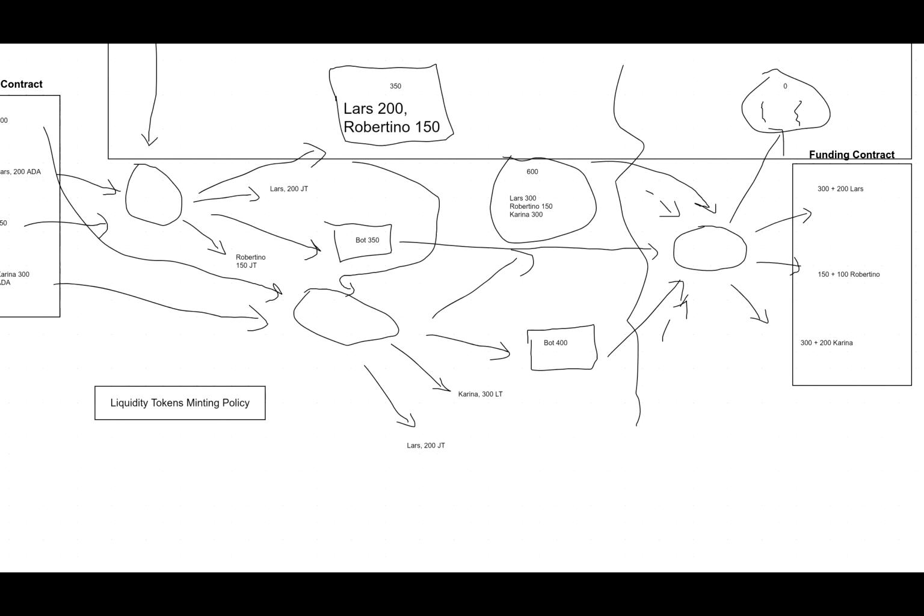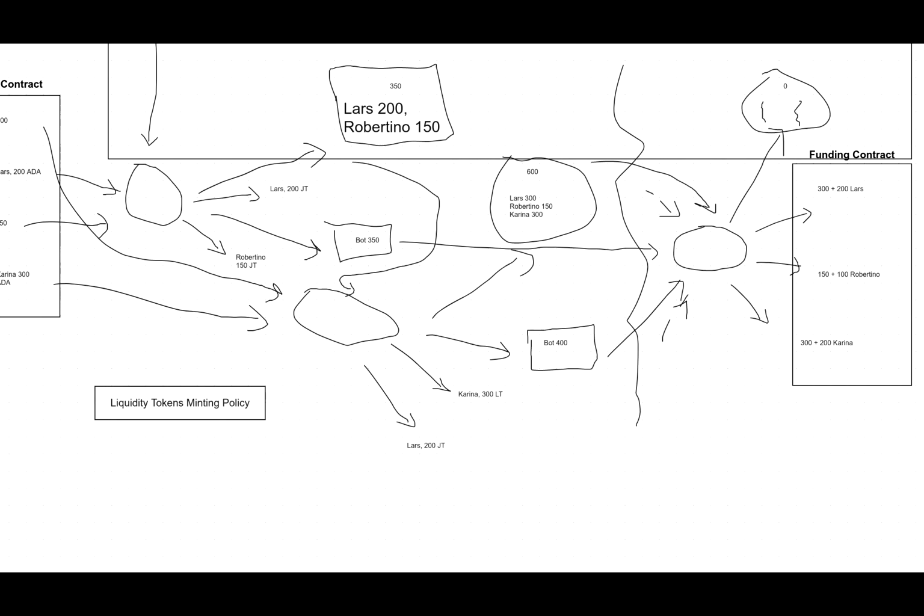Before, the more contributors you had, the bigger the datum got, because you had a dictionary of staking keys to amounts. Now it's just one number. It just has to keep track of the exchange rate, JSON token to ADA.